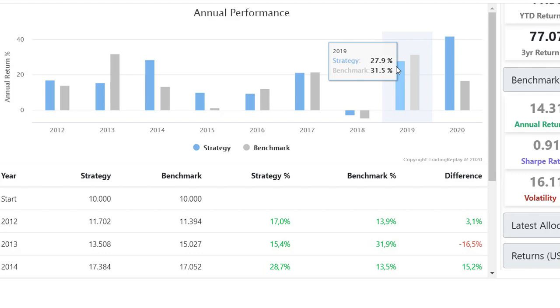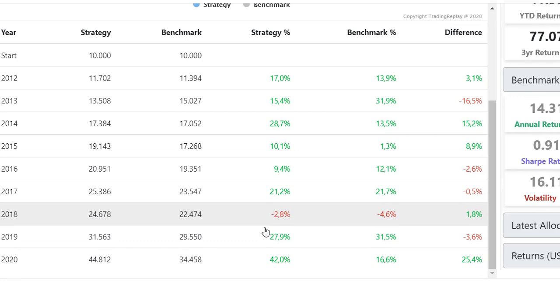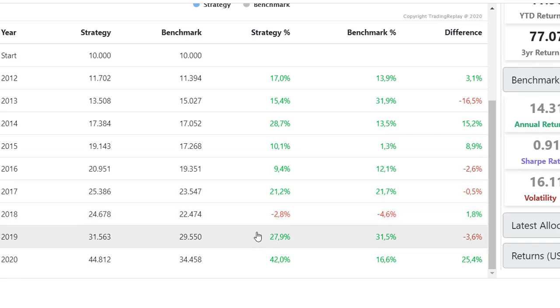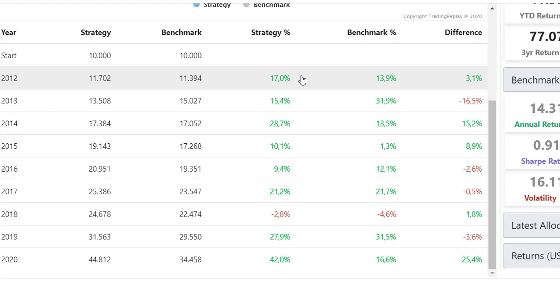That is actually okay. In 2018, that was a tough year. We can see that the strategy was in a minus. It was actually at a loss here. I think it is the only losing year for the last 8 or 9 years. I should say that we have tested similar strategies back to 2007, 8, 9, where it also performs quite nicely.